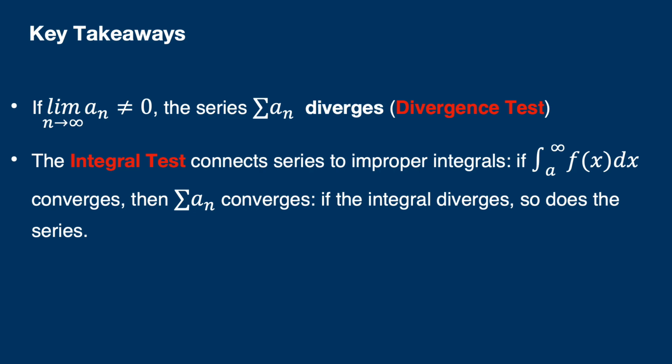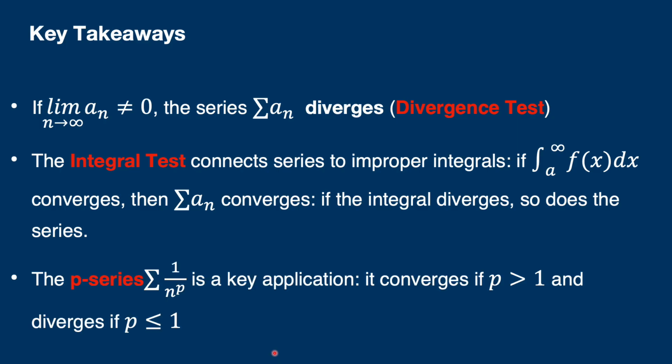When everything else is not working, you try the integral test. The integral test relates to the improper integral. If the improper integral converges, the series converges. If the integral diverges, the series diverges. The last one we studied is the P series. The P series is a key application. P greater than 1 converges. P less than or equal to 1 diverges.